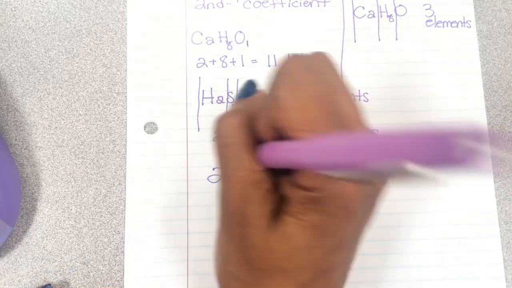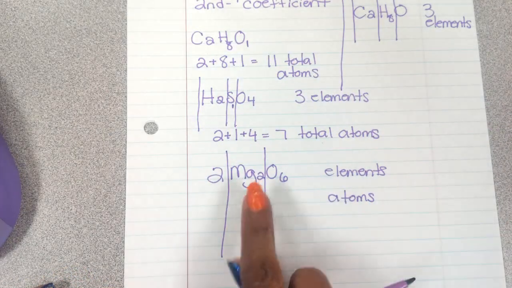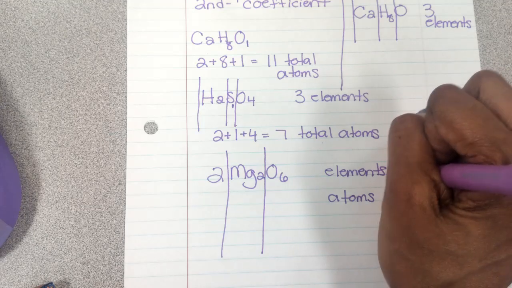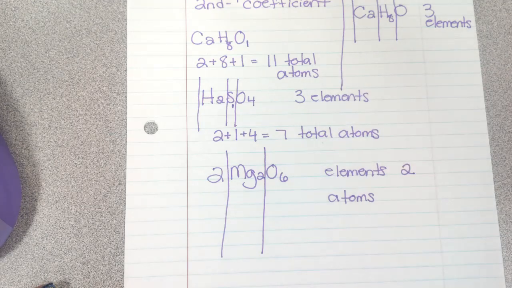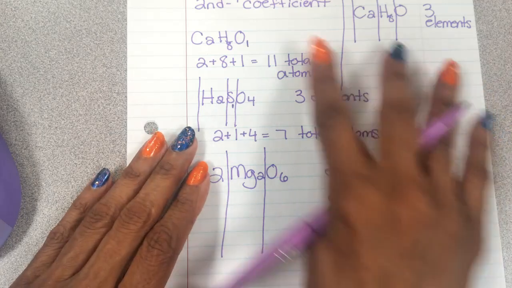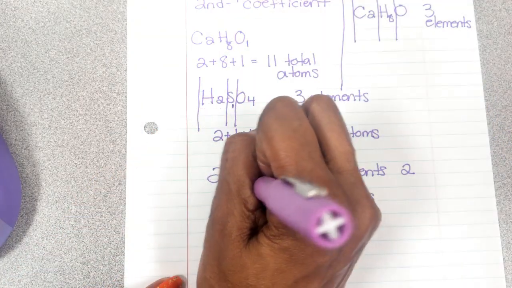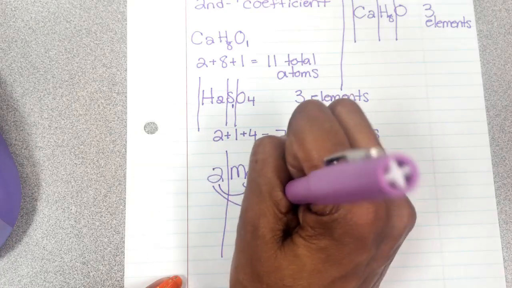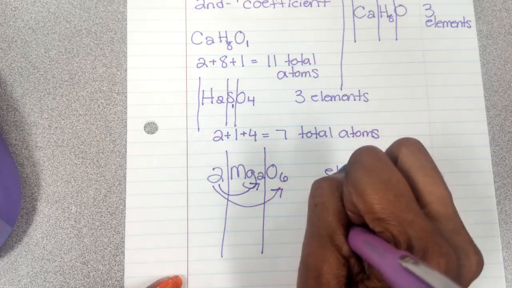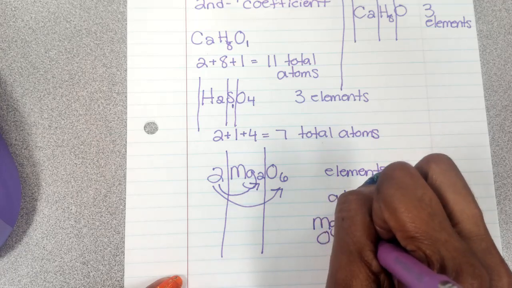The first thing I do is draw lines in front of my capital letters. So I have 1, 2. So I have 2 total elements. Now I want to count my atoms. Well, I have a coefficient. I don't have any parentheses, but I have a coefficient. So this is an easy one. The coefficient gets multiplied by each subscript. So I would have 4 magnesium, and I'd have 12 oxygen.